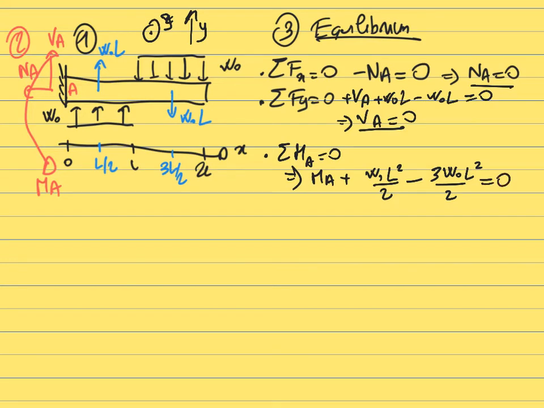And the sum of those moments has to be balanced, so the sum has to be equal to 0. So we find that the moment MA is going to be 3W naught L squared over 2 minus W naught L squared over 2, which is 2W naught L squared over 2, which is just W naught L squared.